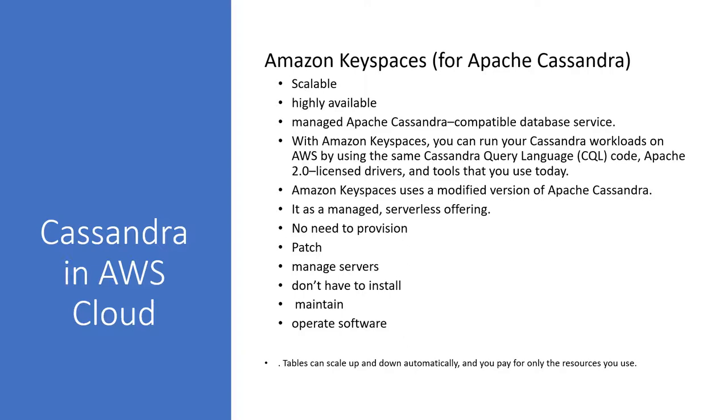The first one in the series is Amazon Keyspaces. If you know the basics of Cassandra, at the topmost level you create a keyspace, so this name has been derived from that keyword. Amazon Keyspaces for Apache Cassandra is a managed instance of Cassandra. It is highly scalable.